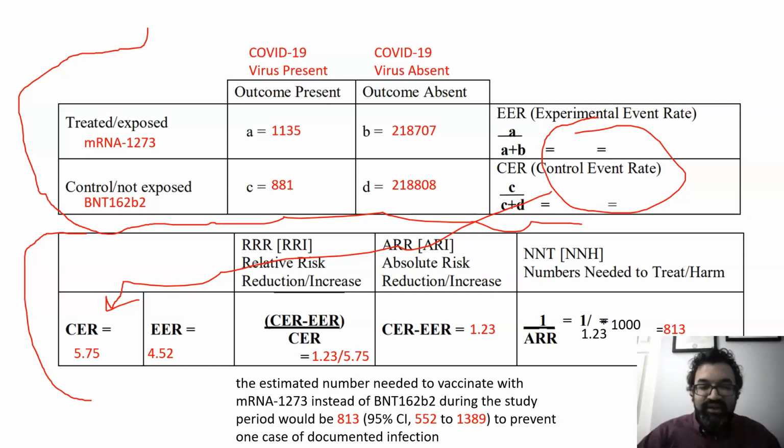So the best and most direct way to calculate this is to take the actual event rate per 1,000 persons, and then determine what the final number is. And the final number was 813. So this is another one that you can look at from the second New England Journal of Medicine paper. Thank you for listening.